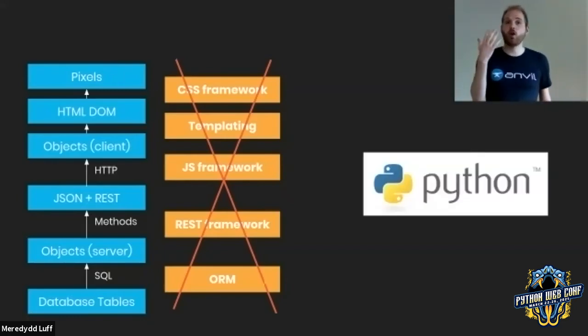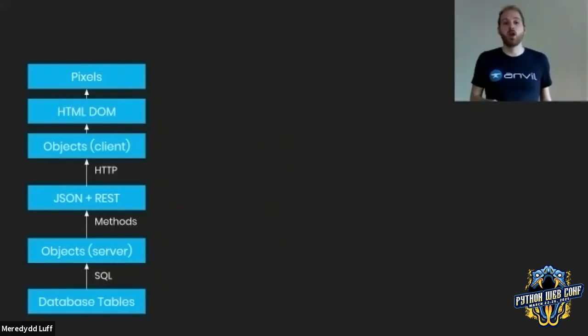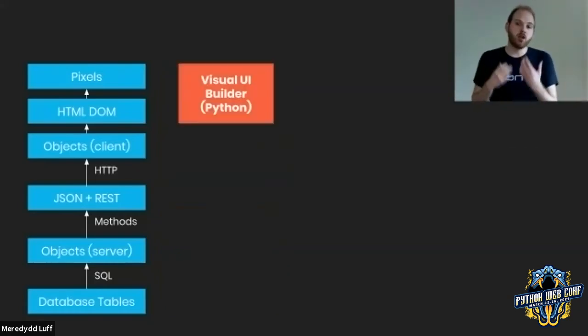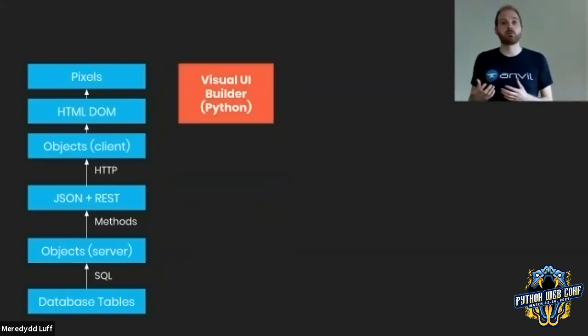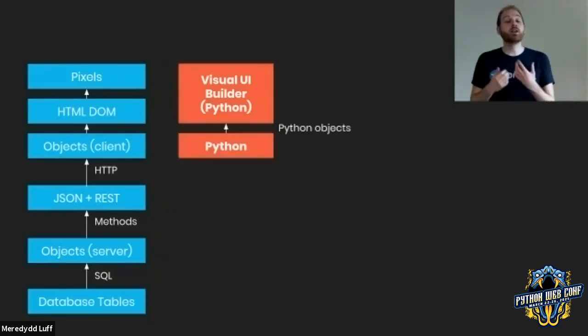So instead of this stack of frameworks, we built a GUI toolkit in Python with a drag and drop designer for it that represents UI components as Python objects. We used a Python to JavaScript compiler so that you can write your front-end code in Python and run it in the web browser.